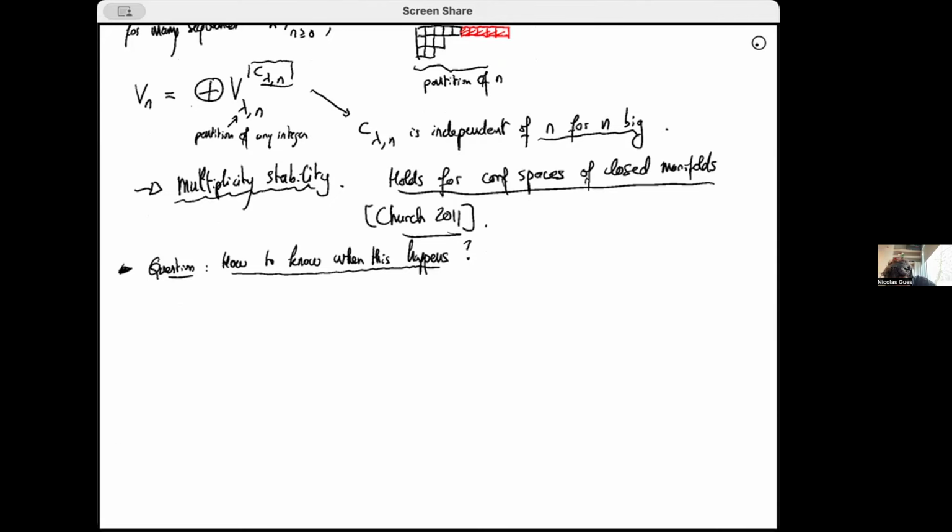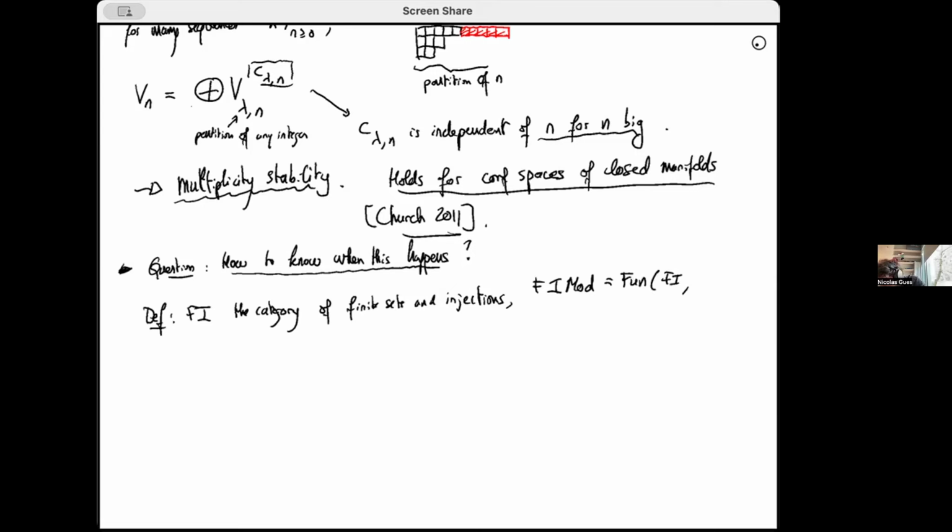So I'll call FI the category of finite sets and injections. And an FI module would be, so FI-Mod would be the category of FI modules, which are simply functors from FI to the category of abelian groups.